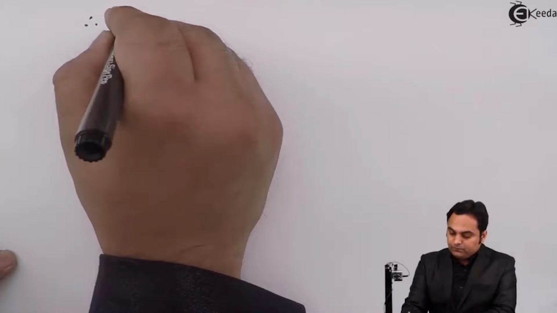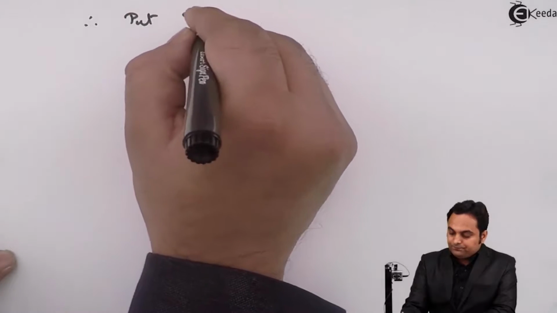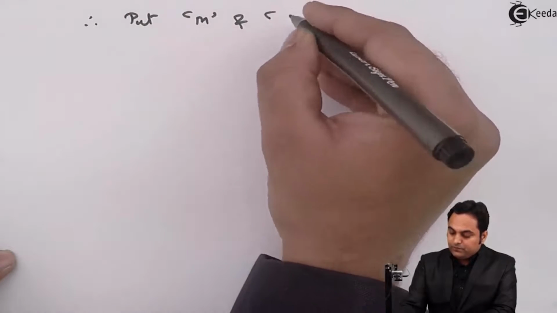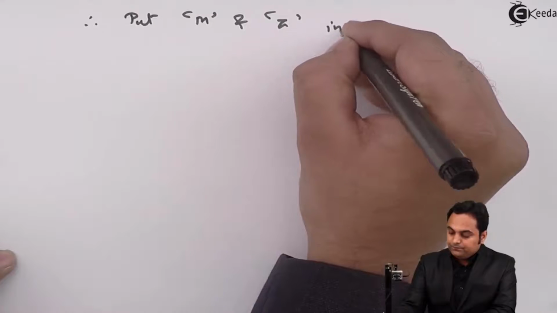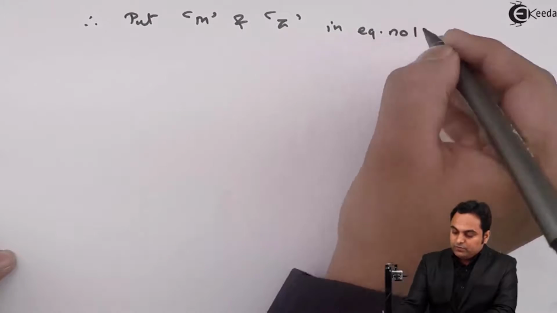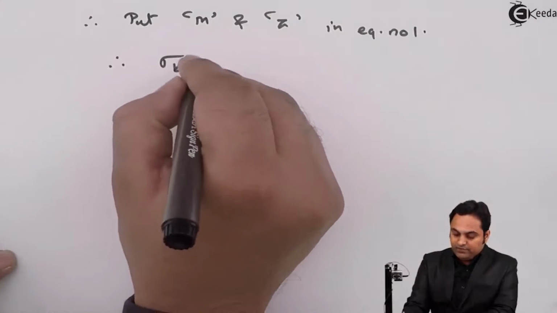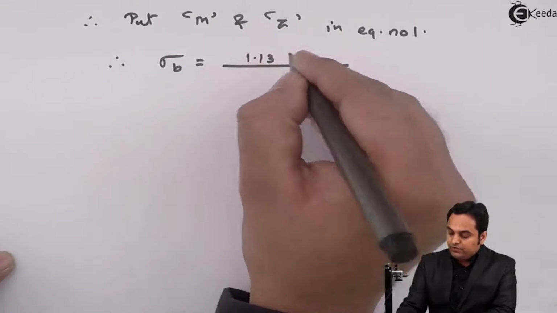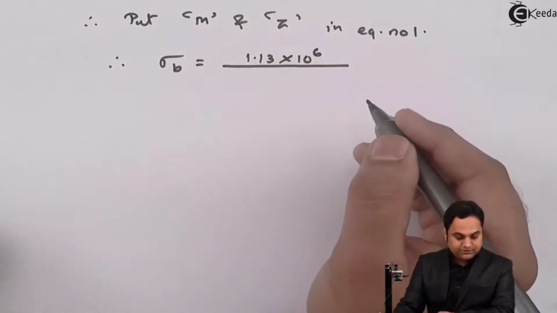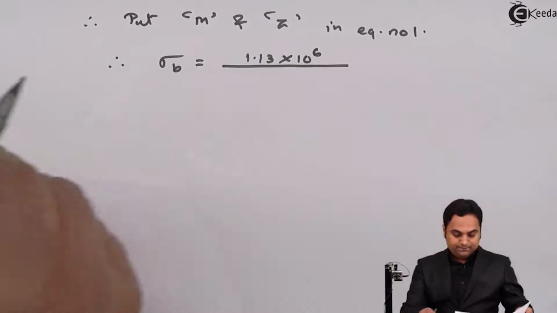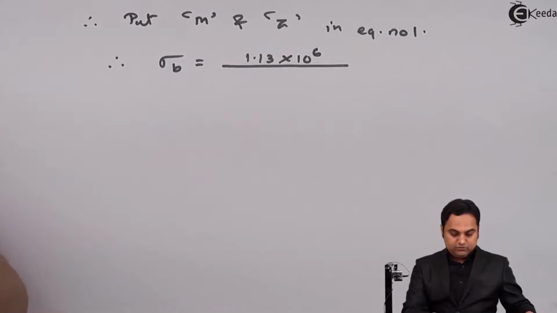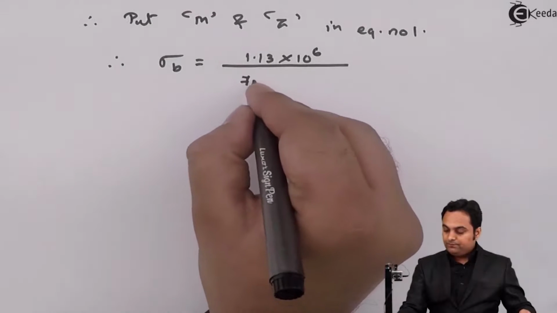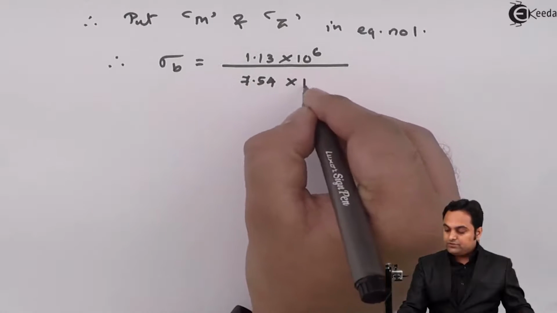Therefore, sigma b is equal to M, which was 1.13 into 10 raised to 6, divided by Z, which we have found just now, 7.54 into 10 raised to 6.